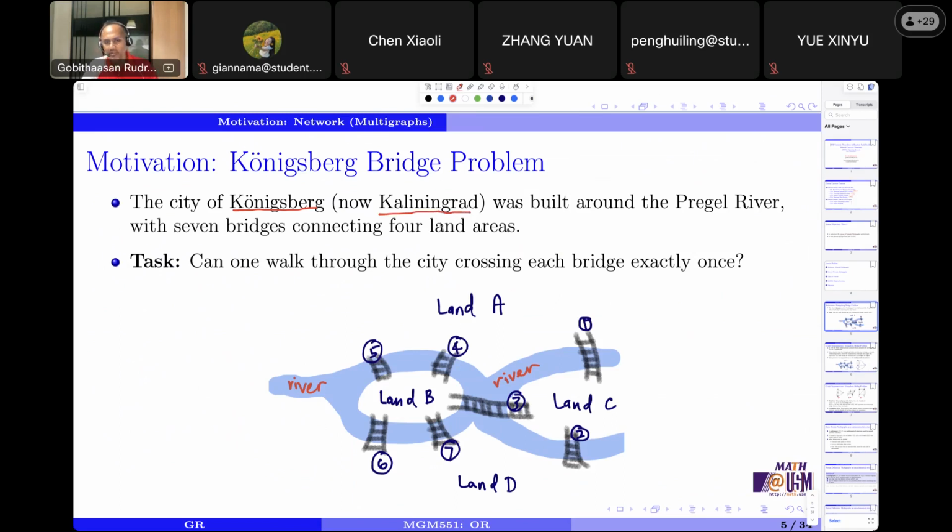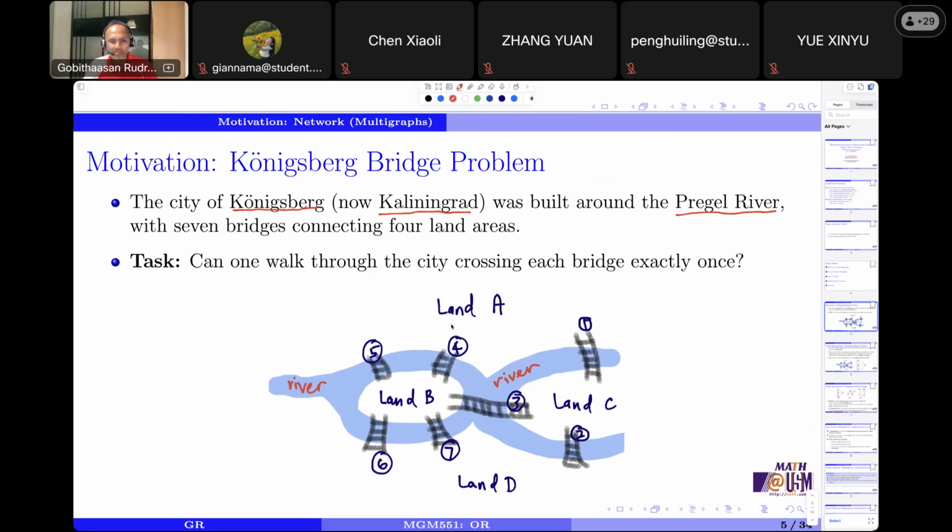You can open your Google Earth and search for Kaliningrad, and you would see the area, which has a river flowing around it. The river's name is Pregel River. And this particular problem is about a question: can one walk through the city crossing each bridge exactly once?